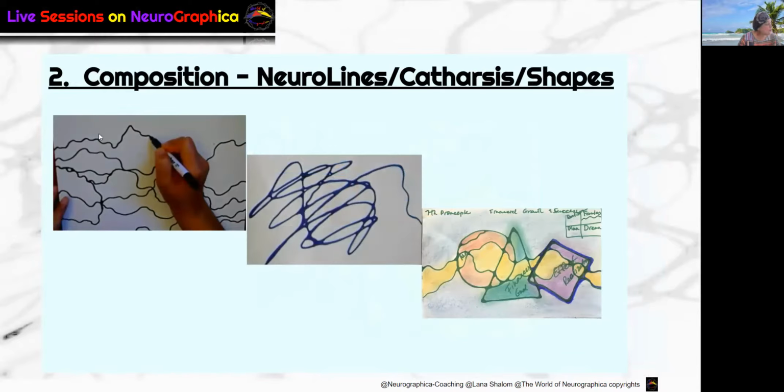Do you choose with the movement, the motion, in this case neurolines? Or do we choose with the drama, the catharsis? In the basics course, we learn to do 2 of those, the neurolines and the catharsis. The shapes come later, although the main shape, the circle, we utilize in all of our sessions.